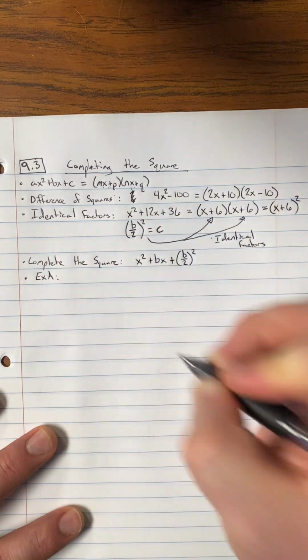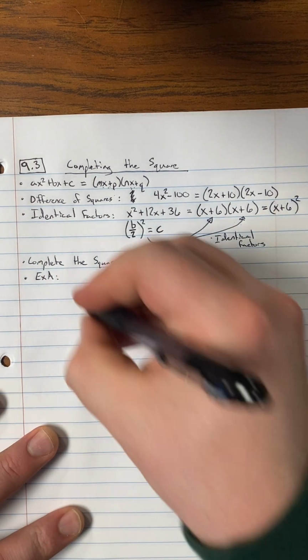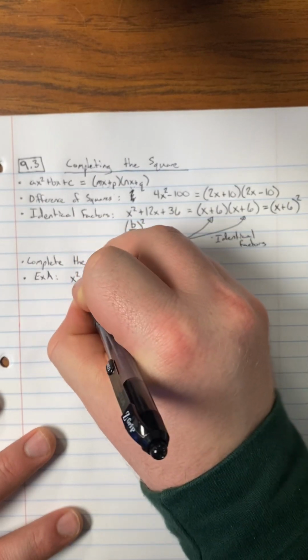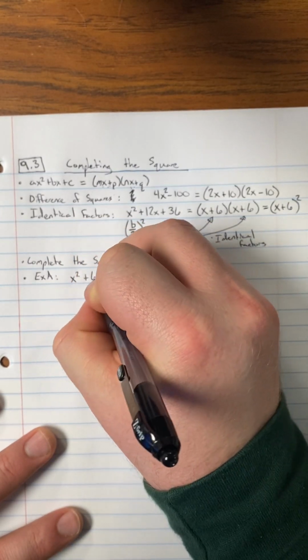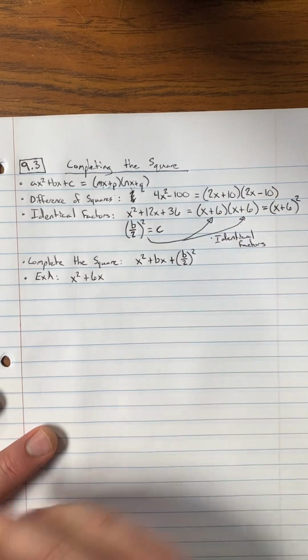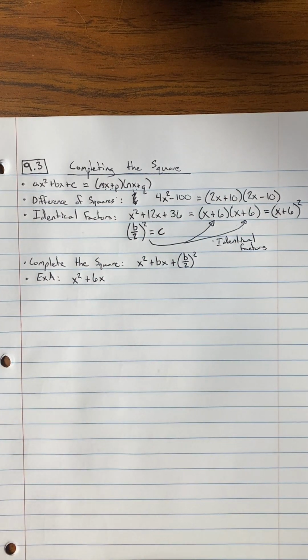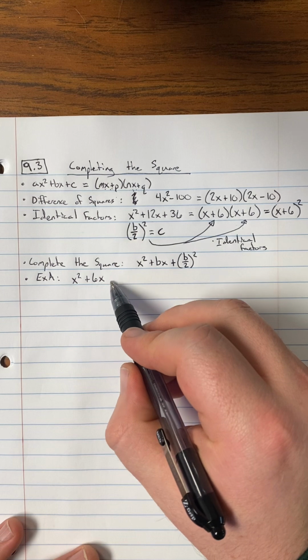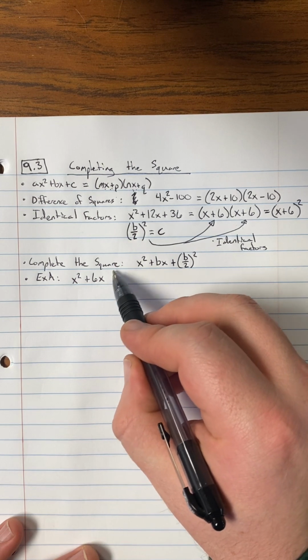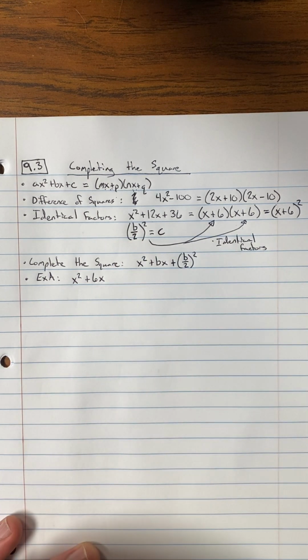Example A. I want you to take this and then complete the square. So basically come up with a c value that would complete the square in this scenario, okay? What would I have to write right here that would create a perfect square?